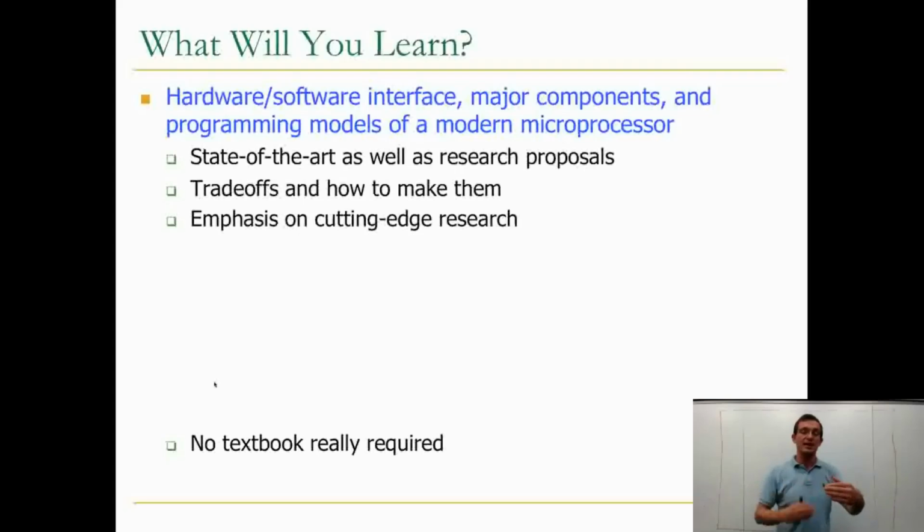Architects are the first ones that are exposed to this problem, and designing architectures that can tolerate some of these scaling issues at the circuit level is a very interesting phenomenon. And it's not clear how to do that. As a result, there's a lot of research in computer architecture in these areas to figure out what are the best ways to deal with reliability issues, deal with power issues, deal with building very large capacity memories. And we will talk about some of these issues.